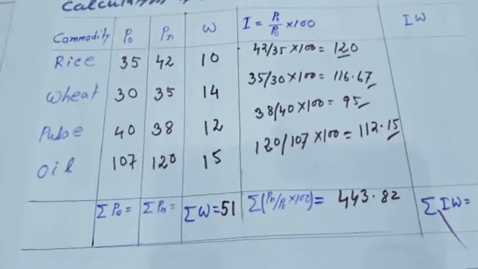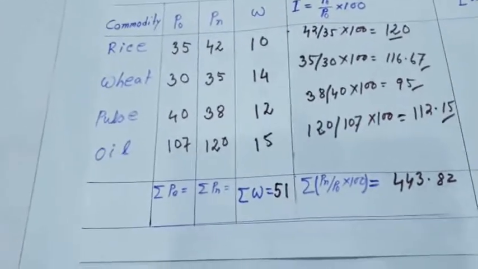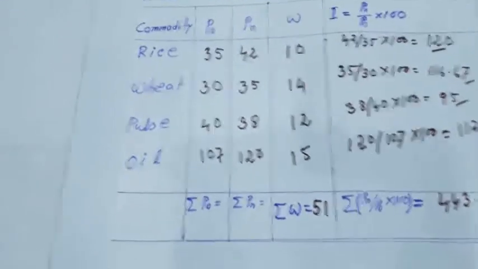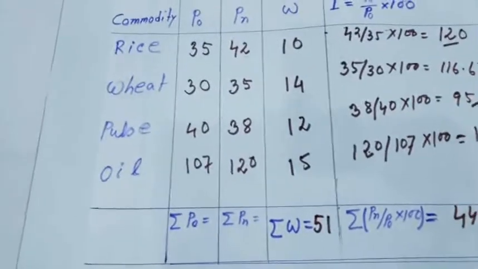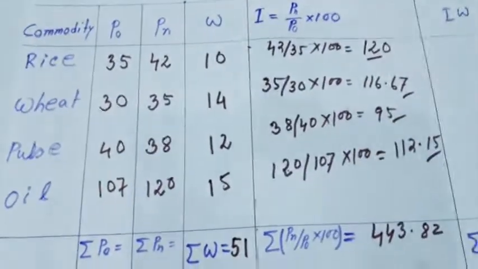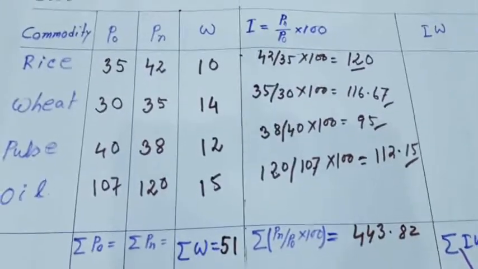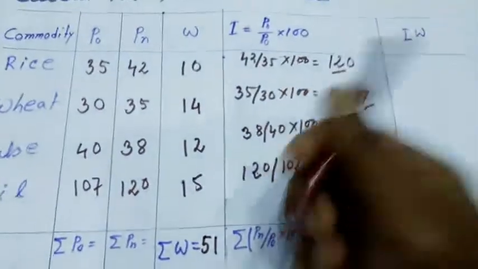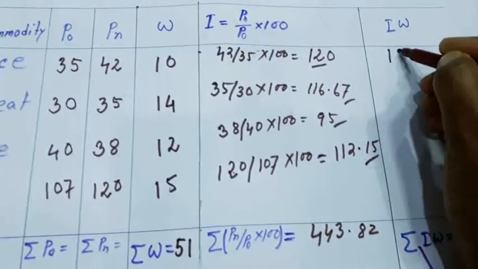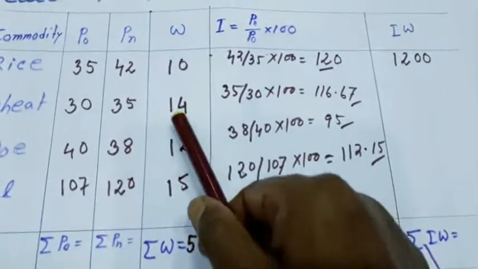Now put all these values in the calculator. 120 into 10 is 1200.